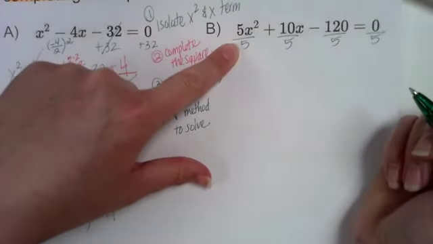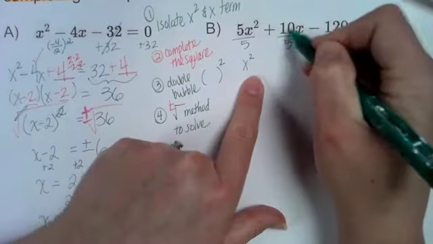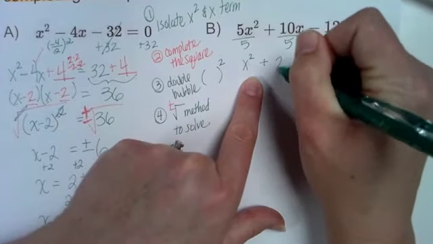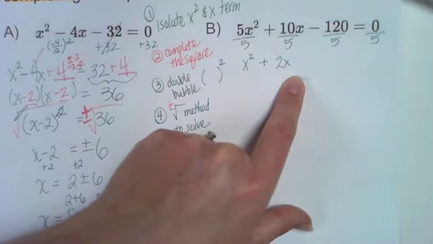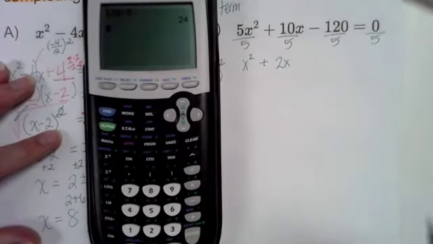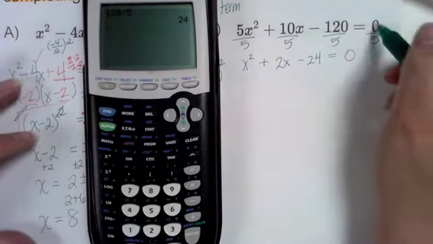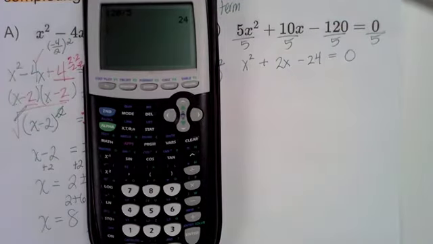What is 5x squared divided by 5? x squared. What is 10x divided by 5? 2x. What is 120 divided by 5? Oh, Lord. I don't know. Minus 24. Maybe I should have known that, but I didn't. 0 divided by any number is 0.